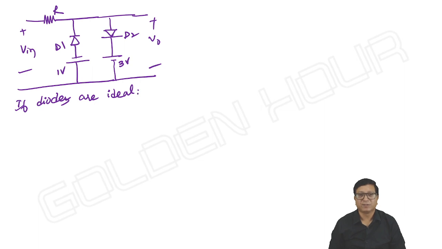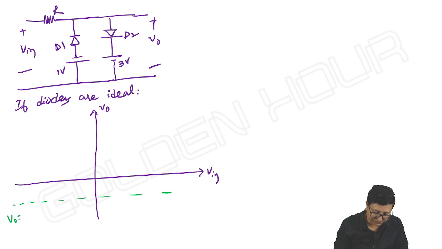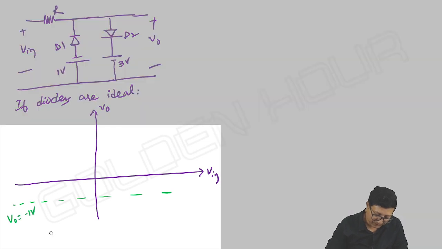Then what we can do? Just like that. If you take the transfer characteristics, how do we get it? One breakpoint is minus 1 volt, another breakpoint is 3 volts. And the result I'm directly writing here, output versus input. V output is equal to minus 1. This is one graph.